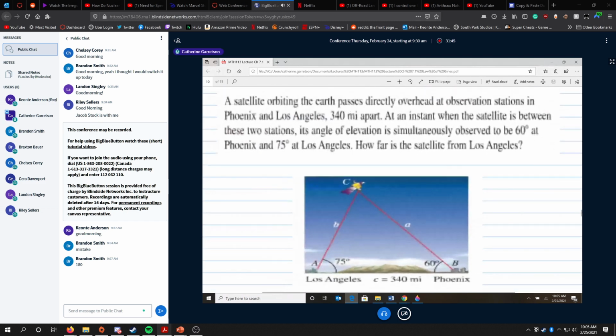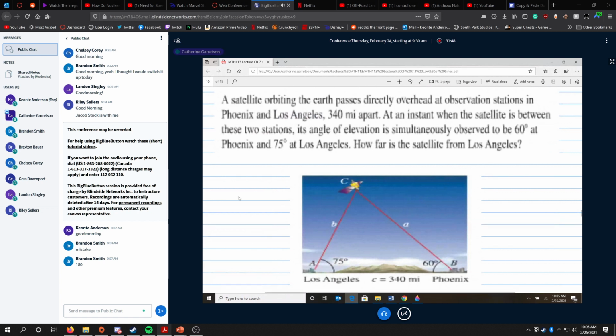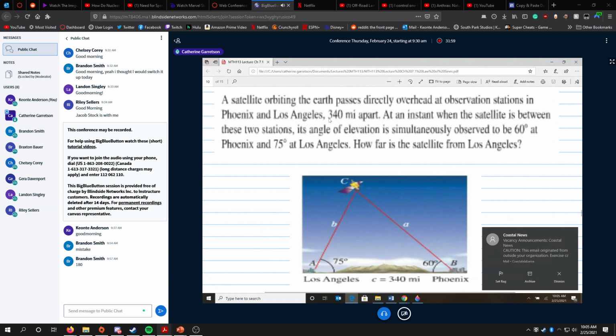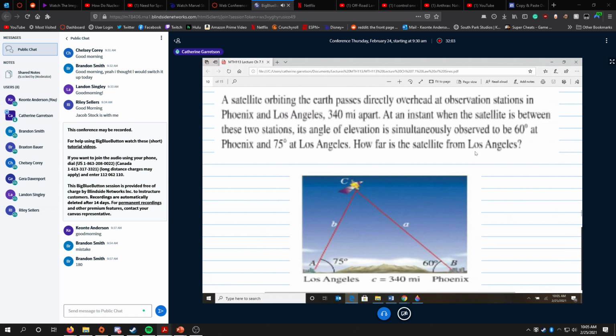A satellite orbiting the Earth passes directly overhead of one of the observation stations in Phoenix and in Los Angeles. Now, they are 340 miles apart. At the instant when the satellite is between the two stations, its angle of elevation is observed. Now, angle of elevation means to come up from the horizontal. So this is an angle of elevation.